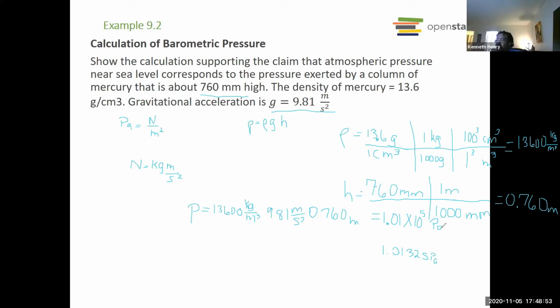So pretty darn close. Okay. Questions, concerns?